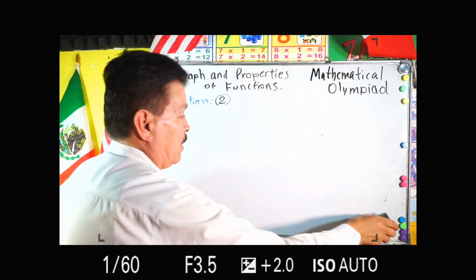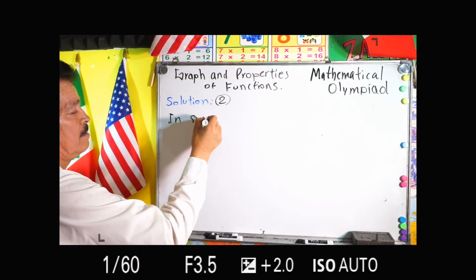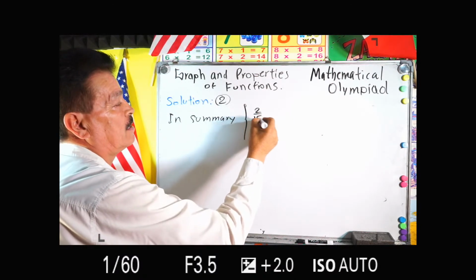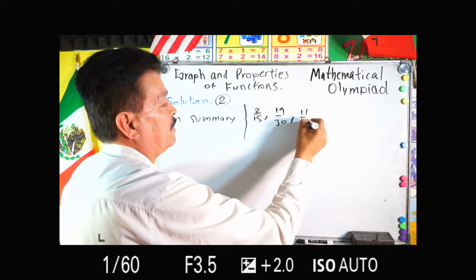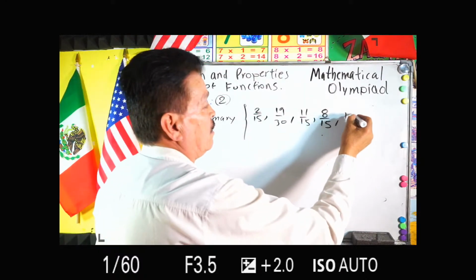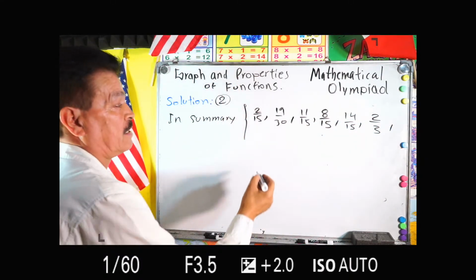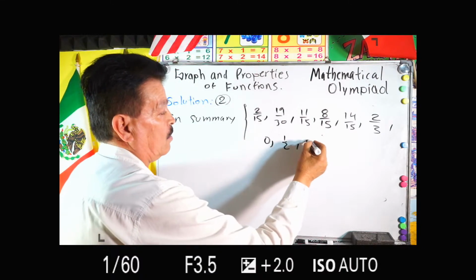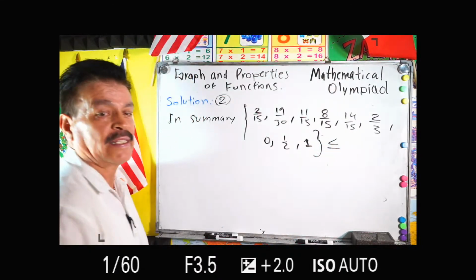So in summary, or as a result, we have here 215, right? 1930, and then 1115, 815, 14, 15, and then 2/3, and then 0, and then 1/2, and then 1. Close the group. This is going to be a subset of B.